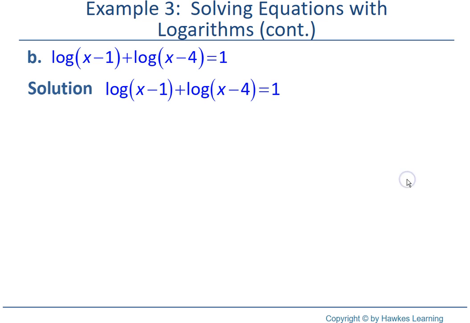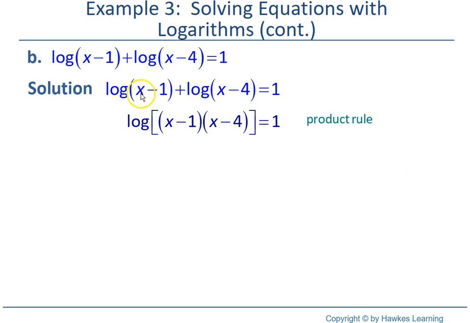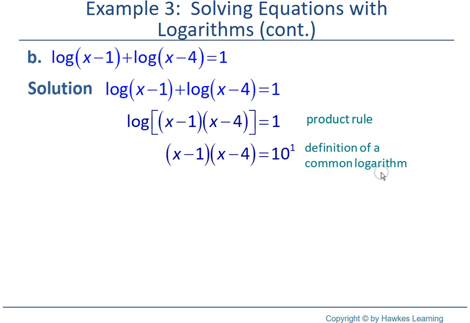Okay. Now they're putting it from its expanded form into its condensed form, and then they're converting it from logarithmic form into exponential form. Remember, this is base 10, and the exponent is 1.